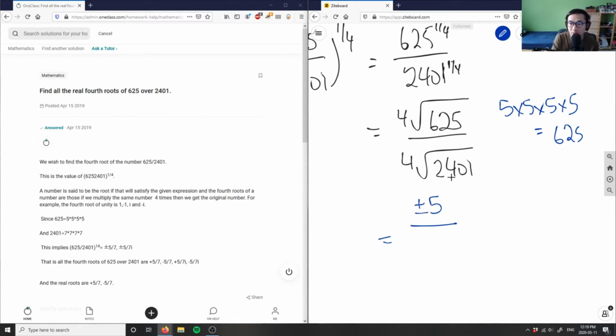And then finally, this one here is 2401. I don't think it's divisible by 3, because if I'm adding the digits, 2 plus 4 is 6, plus 0 is 6, plus 1 is 7, so it's not divisible by 3. So let me try: 1 doesn't work, 2 doesn't work because it's an odd number, 3 doesn't work, 4 doesn't work because it's not even, 5 doesn't work because it ends in 1.